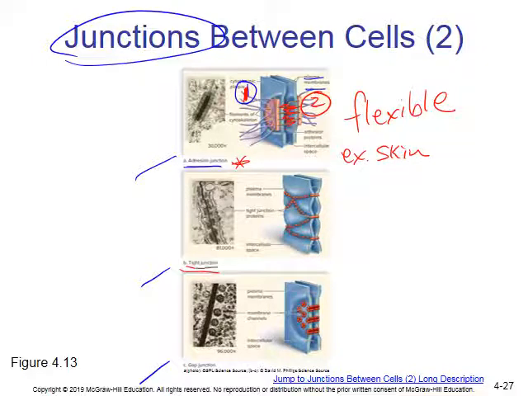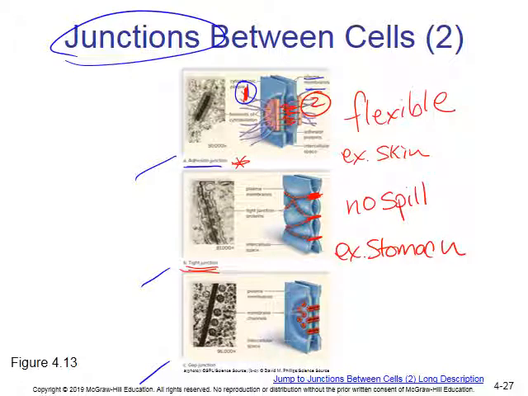Here we have tight junctions. Tight junctions, it's not all the way tight, it's just tight at specific sections. This is if we don't want any spillover. So probably the best example is the stomach. So we want, I'm going to say, no spillover. That's probably not very scientific of me, but we do not want stomach acid to leak out into our abdominal cavity, right?